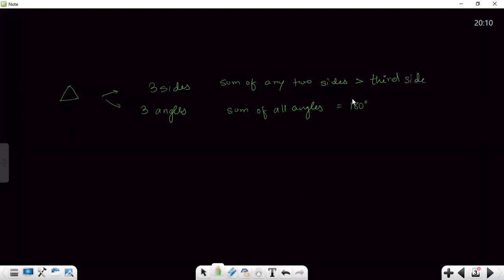So these are the limitations in which the relations between these six elements are defined. Now we are very sure about a side. What is a side? Basically, it's a line segment and its length is defined.